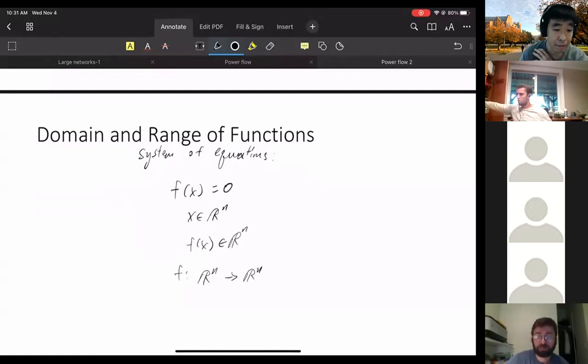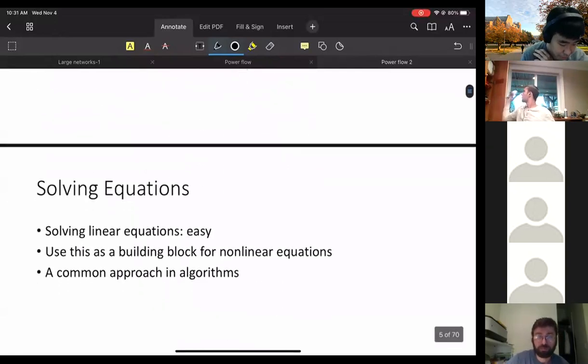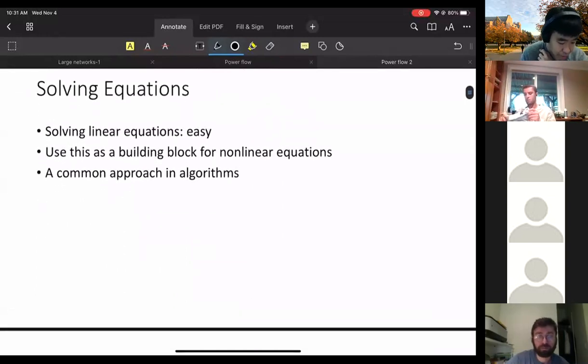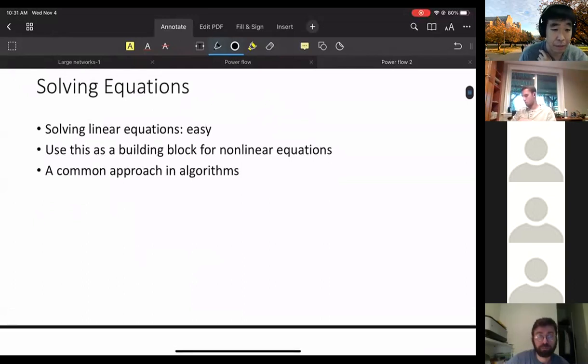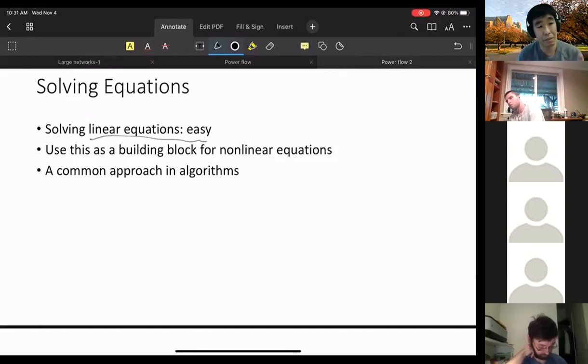So before solving a system of equations, let's look at what happens for a scalar equation. Okay, so the idea is always to use linear equations as an approximation. The only thing we know is how to solve linear equations. So assume you have a function call that will solve linear equations for you.